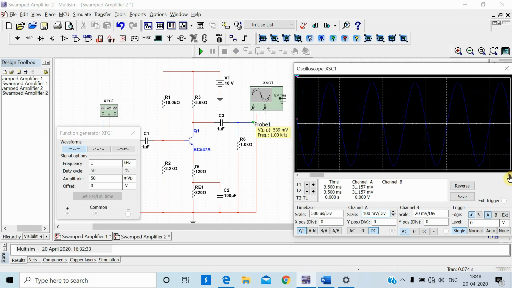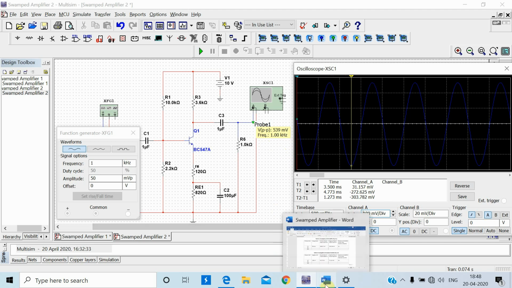After a few cycles, if we measure the peak value, it is 265 point something, and the negative peak minus 272.625, and here the peak to peak output voltage. So all these values we have to now put in our different sheet. So let's do it.